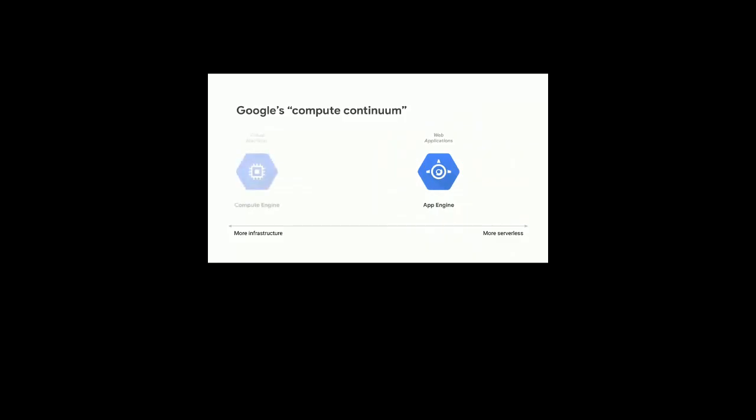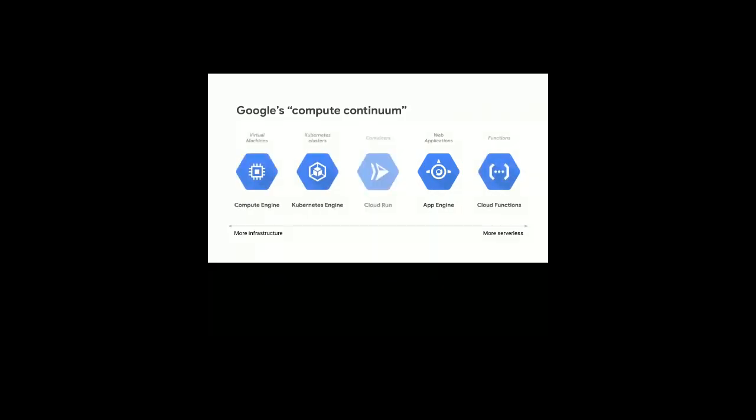The idea here is that even just for compute, we have different products. You can start with Compute Engine, which is just a VM running on Google Cloud infrastructure. The second abstraction we offer is Kubernetes. Kubernetes is a container orchestrator.